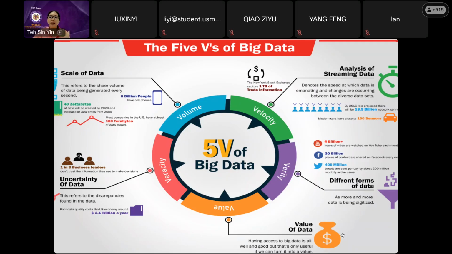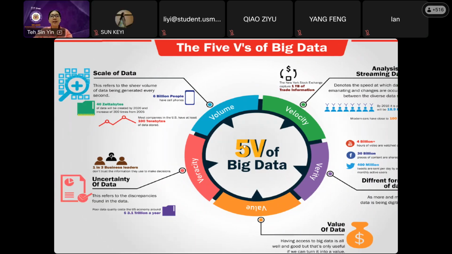Value could be in terms of money. So just now I said, if I want to launch a new product, I will send the information to you through WeChat, WhatsApp, and also TikTok or Instagram. So I am leveraging the data, using the data to create value for my business. So value means the money, the revenues that you gain from the data.